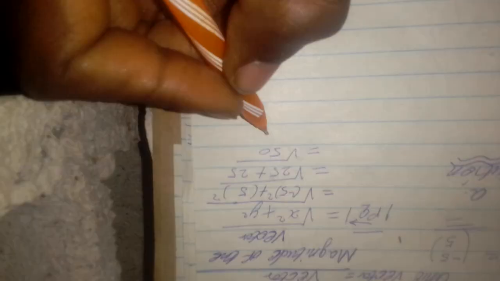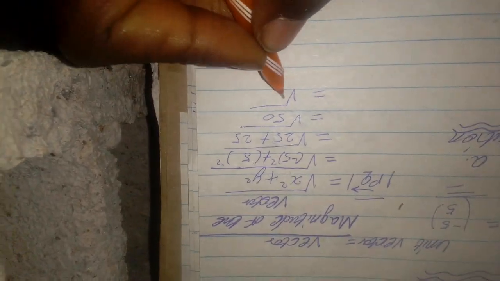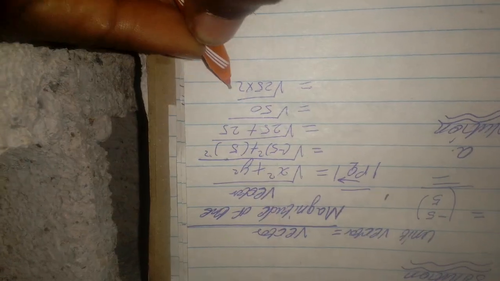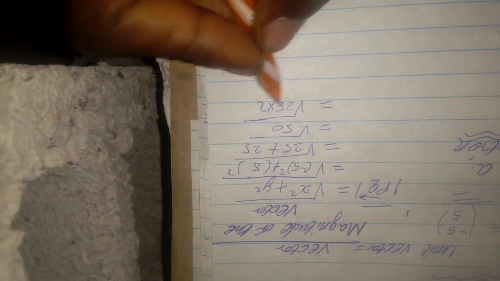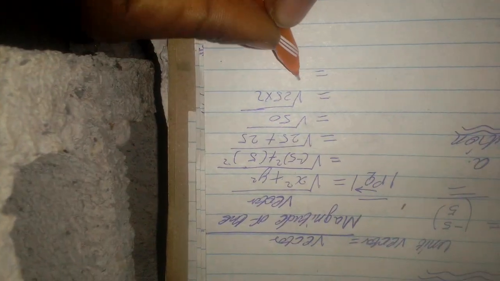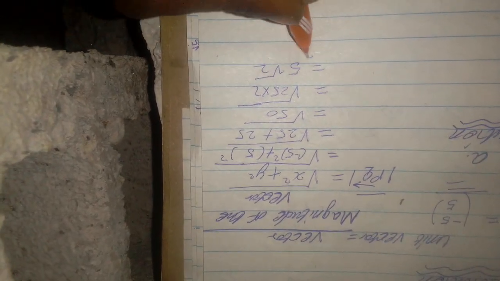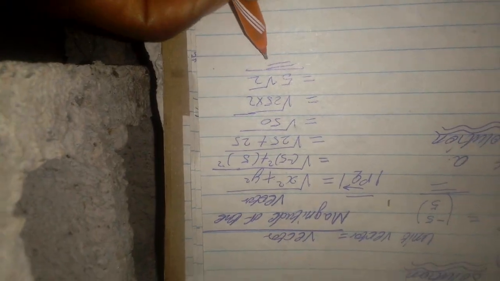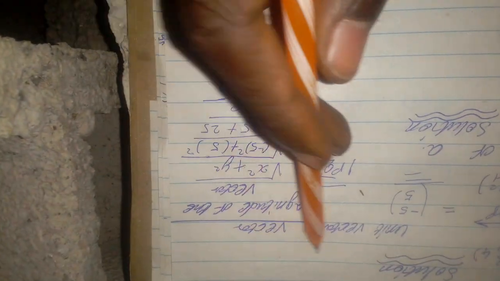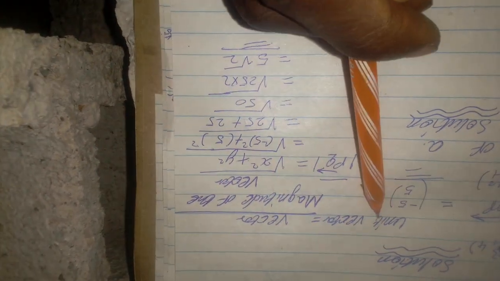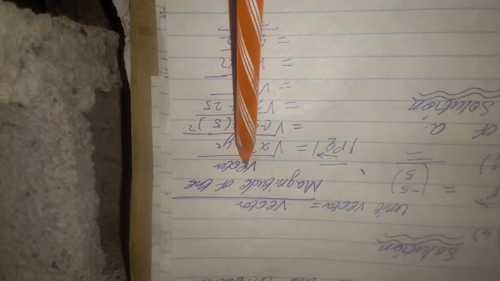You can simplify it further, since 25 multiplied by 2 gives us the same answer. The square root of 25 is 5, so we can say 5 square root of 2 as our magnitude. Once you have your magnitude and your vector, we just apply the formula: the unit vector is equal to the vector divided by the magnitude of the same vector.